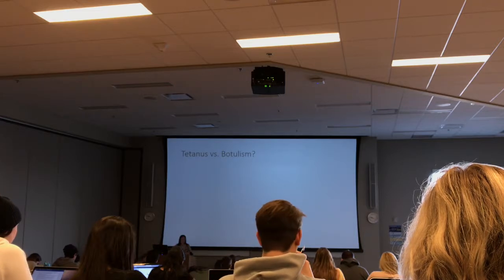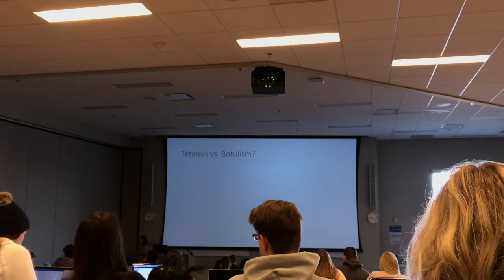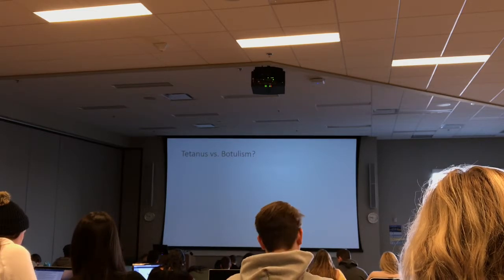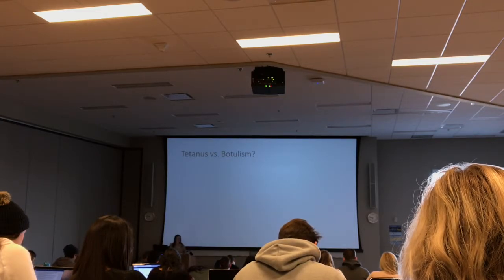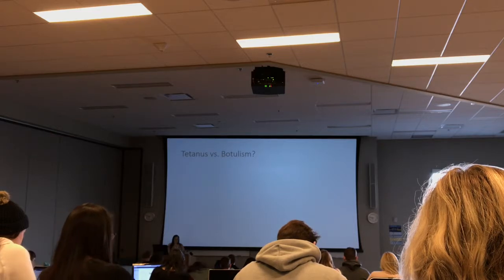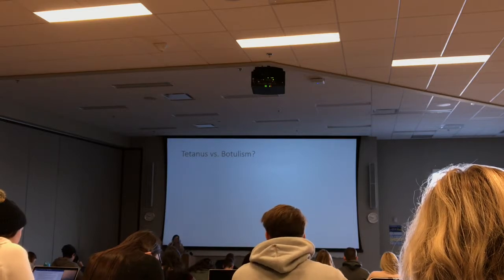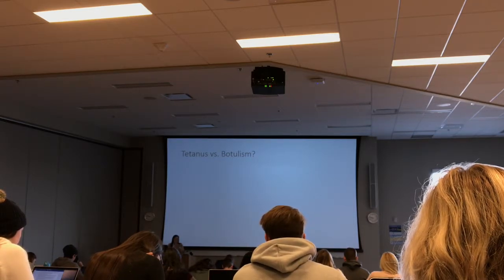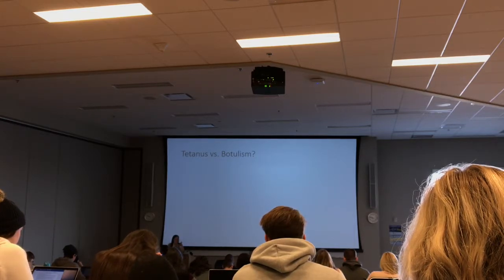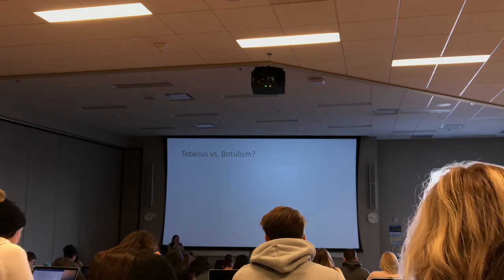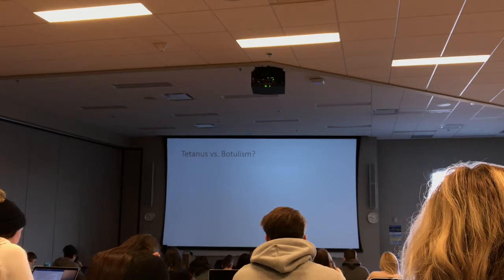GABA and glycine. How are those two inhibitory neurons affected? Yeah, so inhibitory neurons are in what that gets released at the synaptic junction? A vesicle, right? And remember, we talked about what proteins that are important for vesicle docking and fusion.